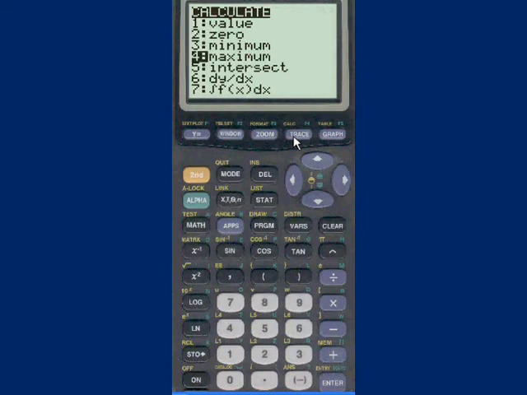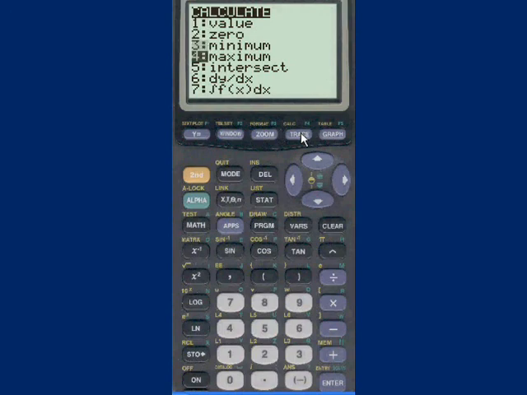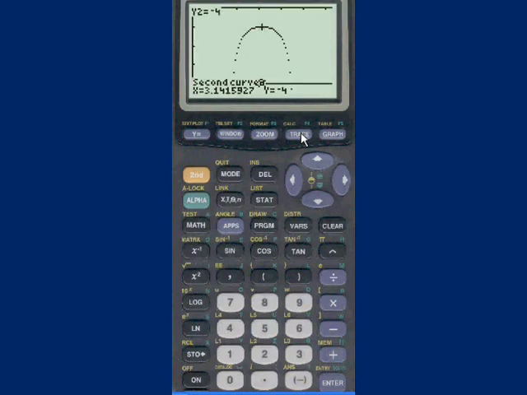Intersection. Oh, that was the maximum. Calculate intersection, first curve, second curve, and we'll first guess it down here, which will be at 1.82.